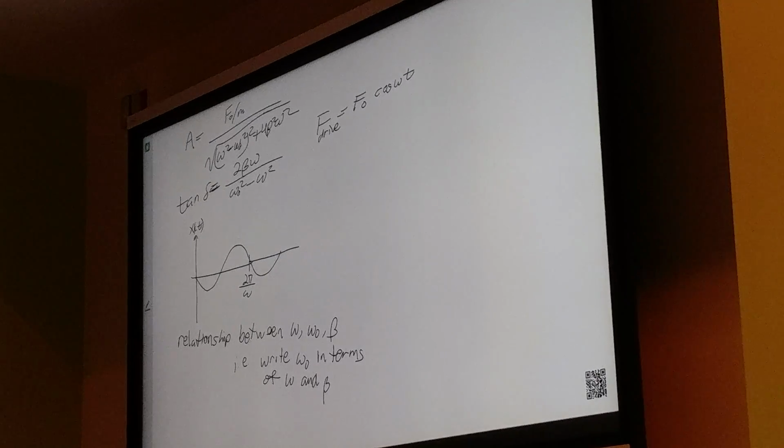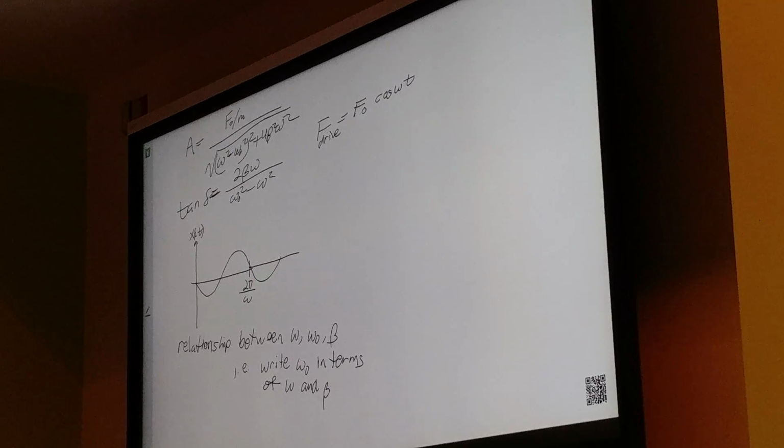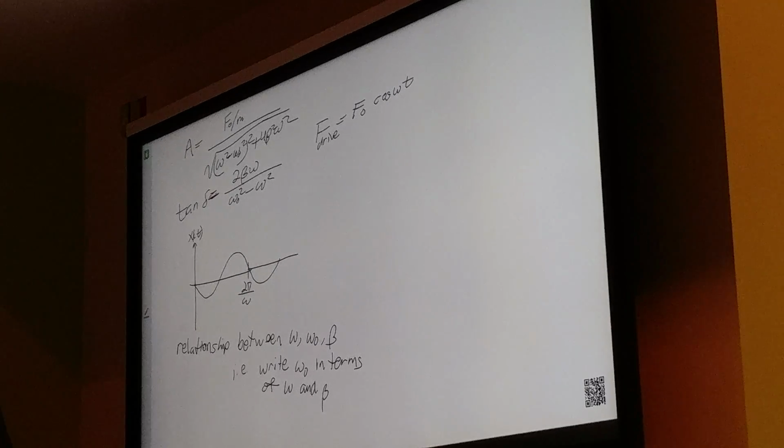Give you that graph. You have to figure out what omega naught is. And note I haven't labeled the vertical scale, but I'm telling you that you don't need me to label the vertical scale.